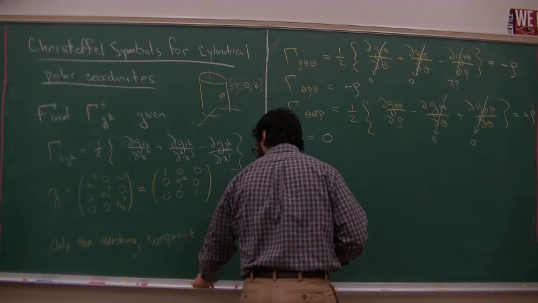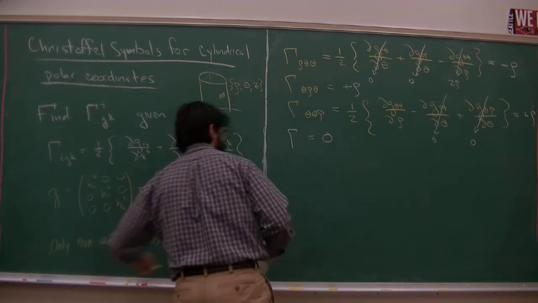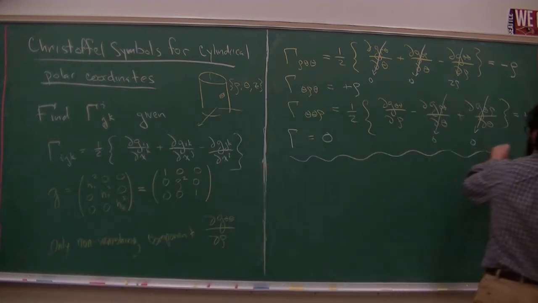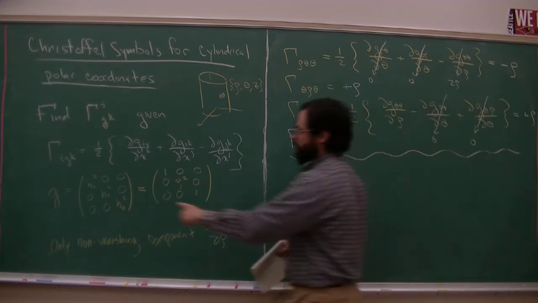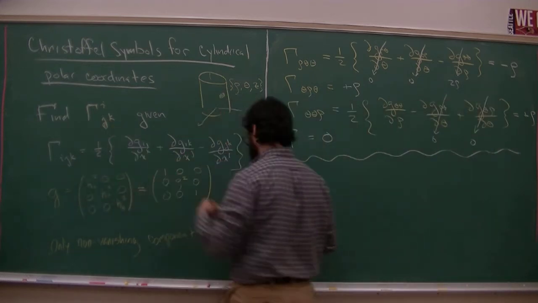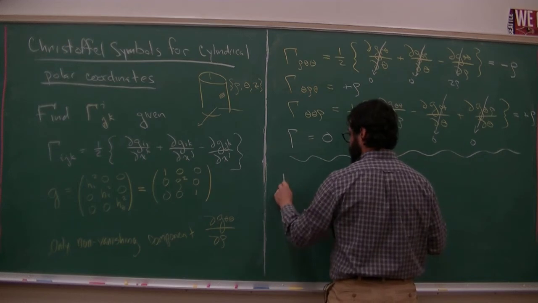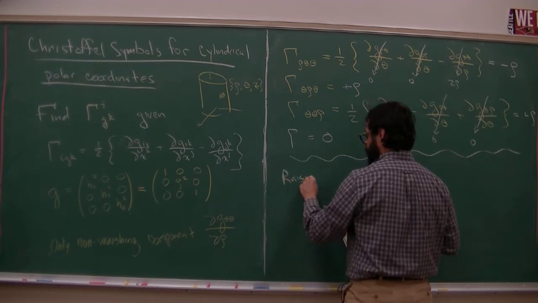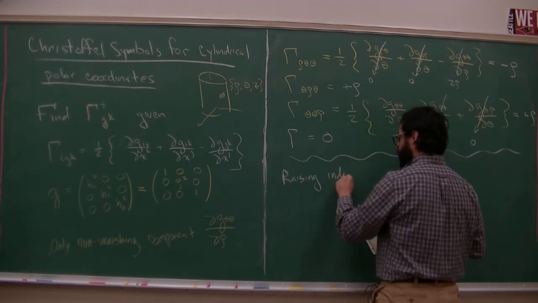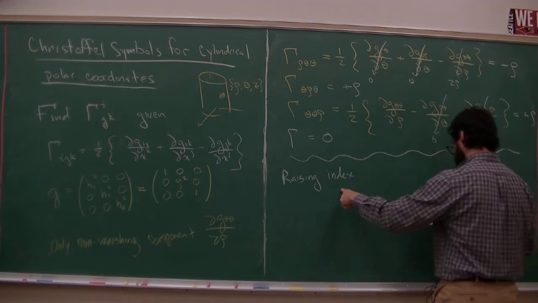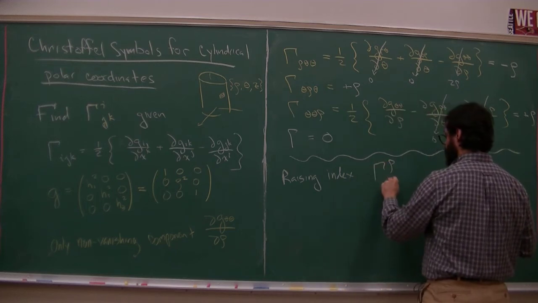And the next question is, how do we raise an index? Because we computed this, but then we're asked for that. Very annoying of me to do that to you. So let's say that we want to raise an index, and I have gamma rho theta theta.